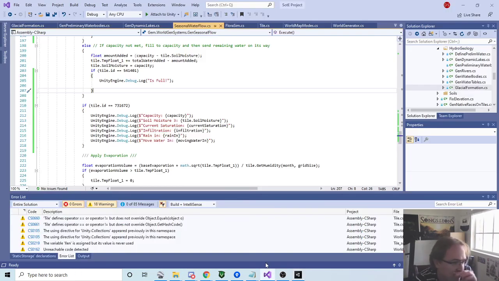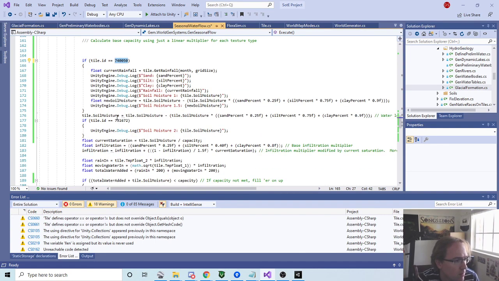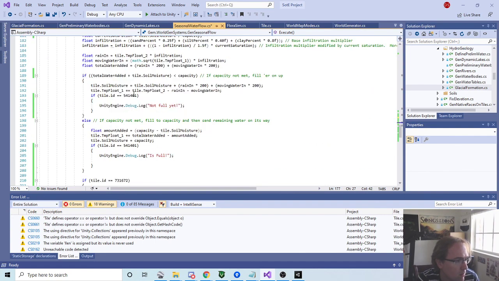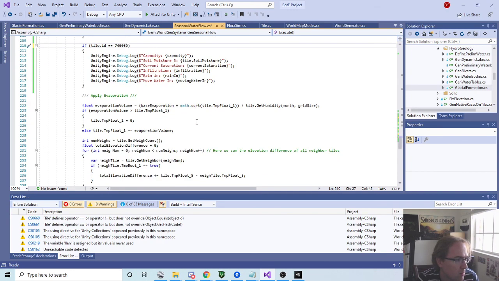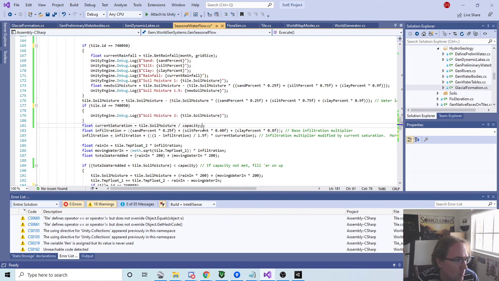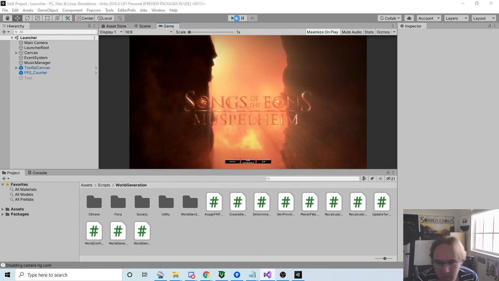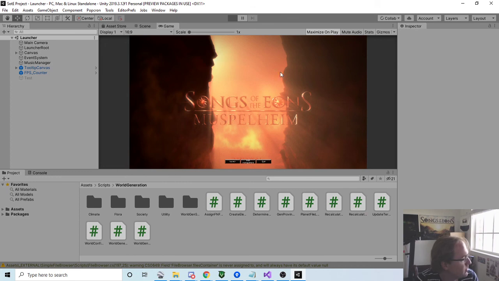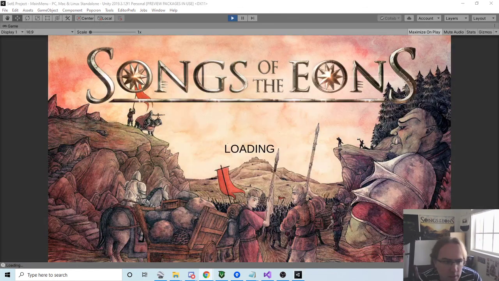That's unfortunate. 740050. Sucks that I'm stuck on this.